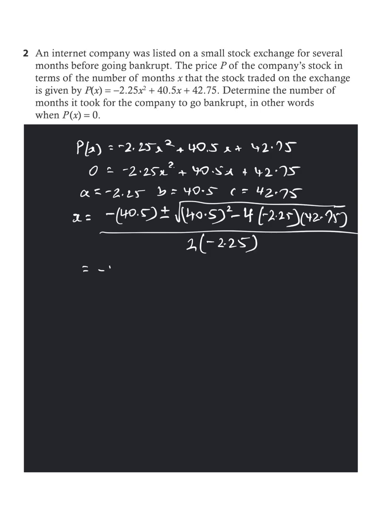Okay, let's resolve this. We've got minus 40.5 plus or minus the square root of 40.5 squared minus 4. Now, we're going to have a plus sign here. We've got the minus there and a minus there, so we know we're going to have a plus in here. Okay, so 40.5 squared is 1640.25.